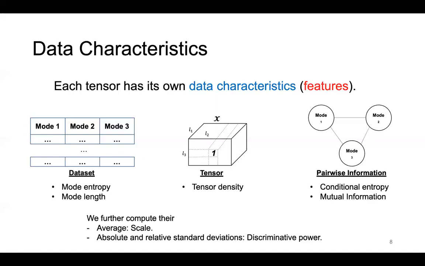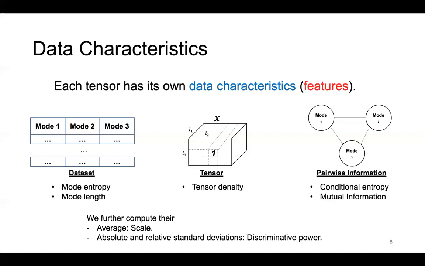And the third representation for the data set could be the pairwise information. As we know, the tensor train is a sequence of cores to represent each mode, so the relationship between two modes has significant meaning. So we want to extract the pairwise information from that. For the pairwise information, we can calculate conditional entropy and also the mutual information.